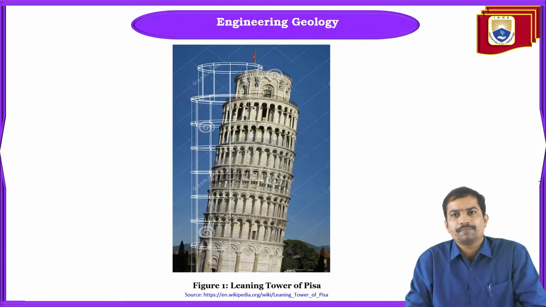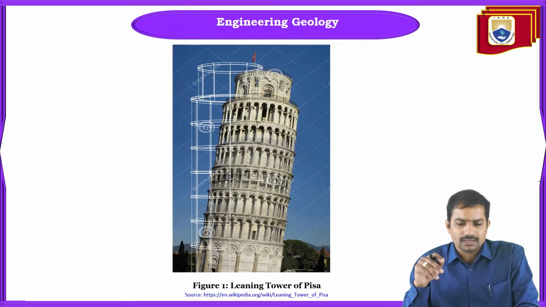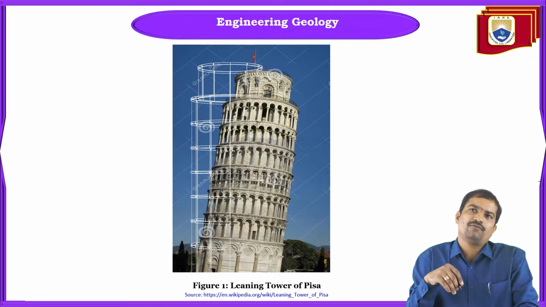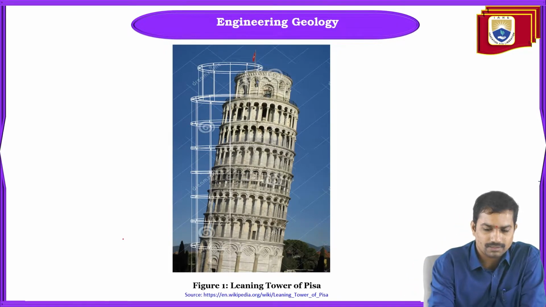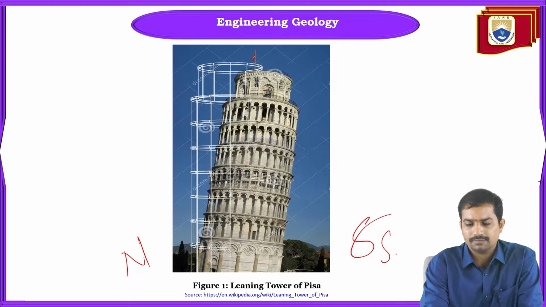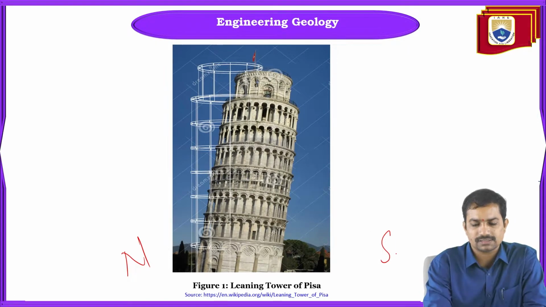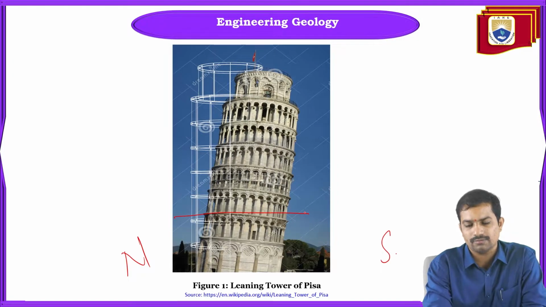Tower of Pisa. I think most of us know this, an inclined building. The tower is tilted almost 5.5 degrees. If this is the north side and this is the south side, after the construction, earlier the construction was only up to one level.